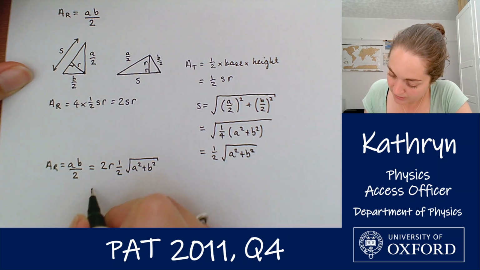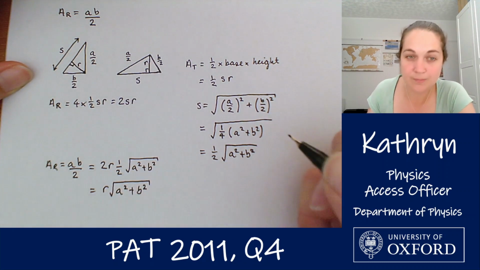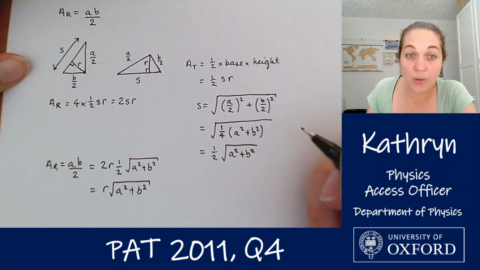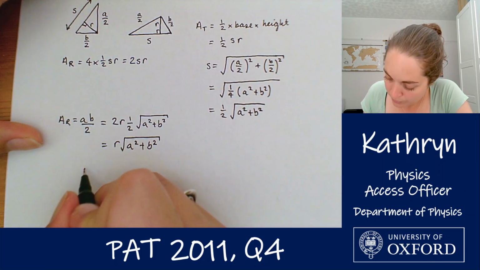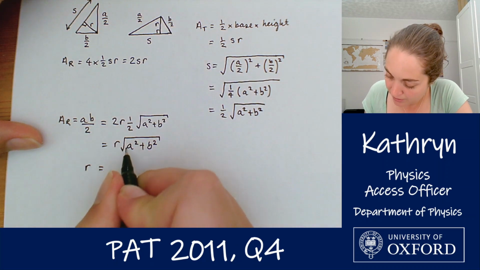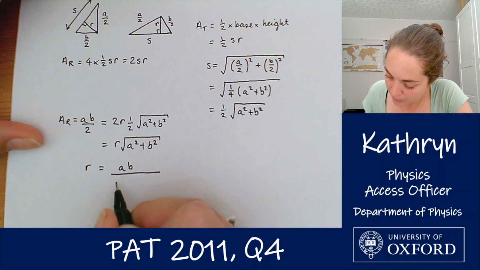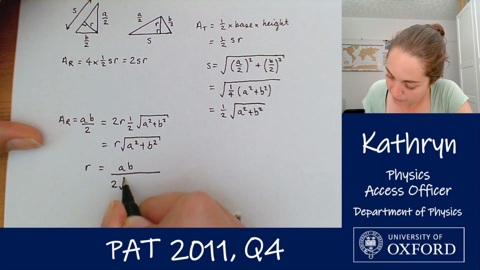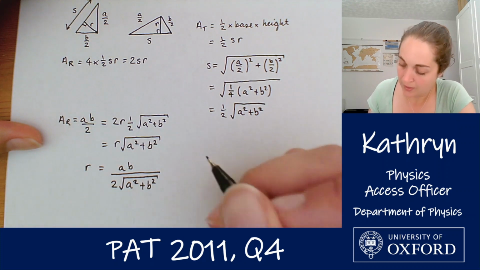Let's just simplify that a bit. So we have this is R square root of A squared plus B squared. So now we've got an expression for R in terms of A and B. So rearranging, we have that R equals AB divided by 2 times the square root of A squared plus B squared.